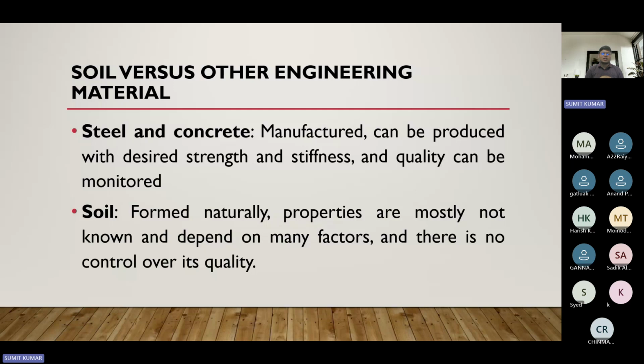But soil we cannot manufacture. As it is written over here, it is formed naturally, properties are mostly not known and depend on many factors, and there is no control over its quality. Absolutely, in the soil we have no control on its quality.